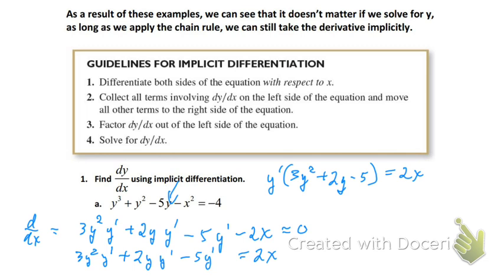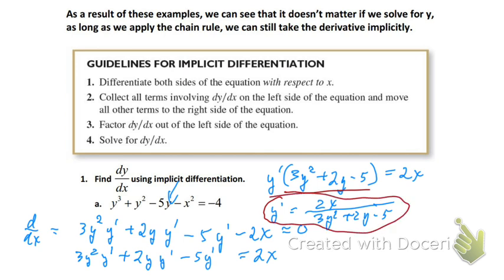You could be writing dy dx. That's the same thing. I'm going to divide both sides by this. So I've got y prime, aka dy dx, equals 2x divided by 3y squared plus 2y minus 5. And there is my derivative with respect to x of that whole nasty thing.